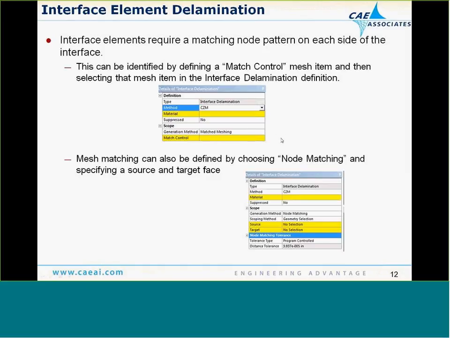You can either use a mesh matching item under meshing and just choose that match control item here, and it'll use that match control to determine the nodes that match. Or we can simply identify a source and target surface and tell it, look for any nodes that are within this tolerance of each other on each side.